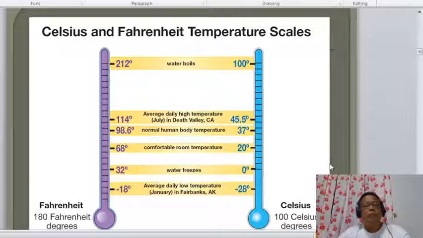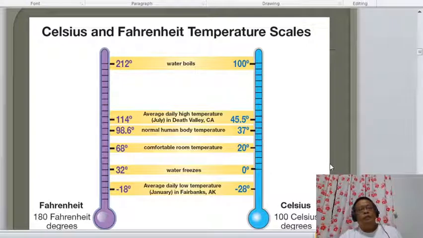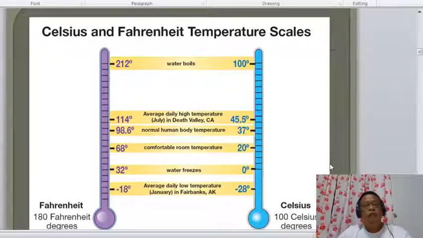The freezing point, in this temperature scale, in Fahrenheit, is 32.